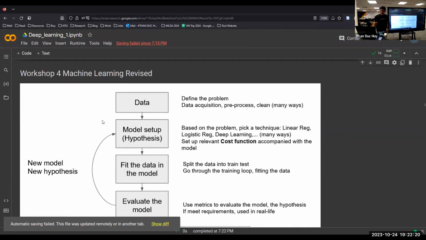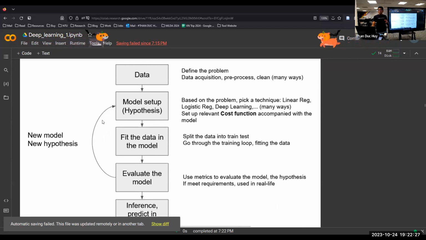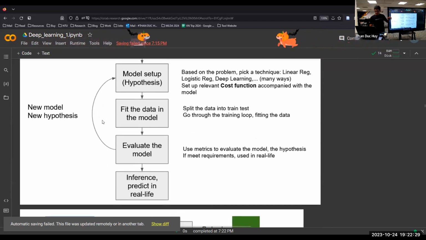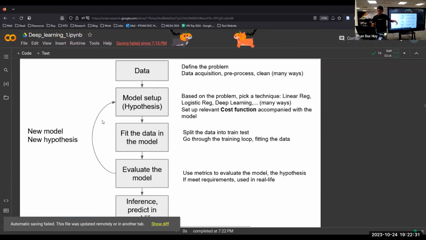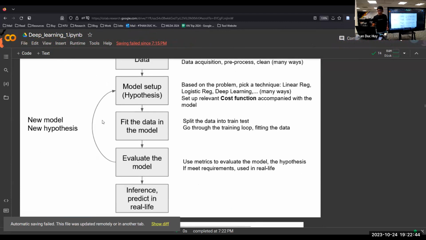Now, let's just recap what we learned in the last session. First, we talked about the whole process of how we make machine learning models. First, we get the data. We define the problem, and then we pre-process and clean the data. After that, we set up the model. So we figure out what we need to do.